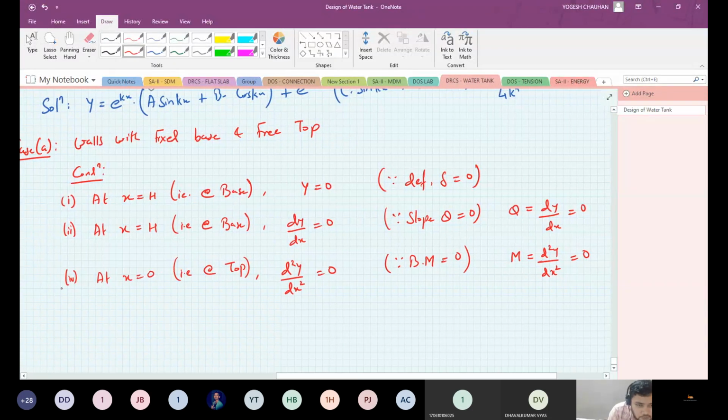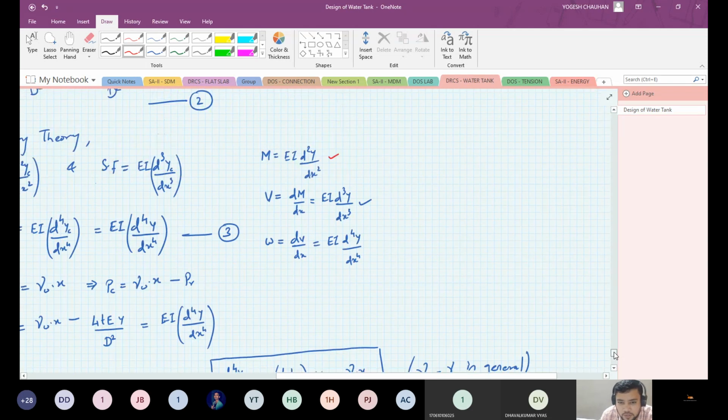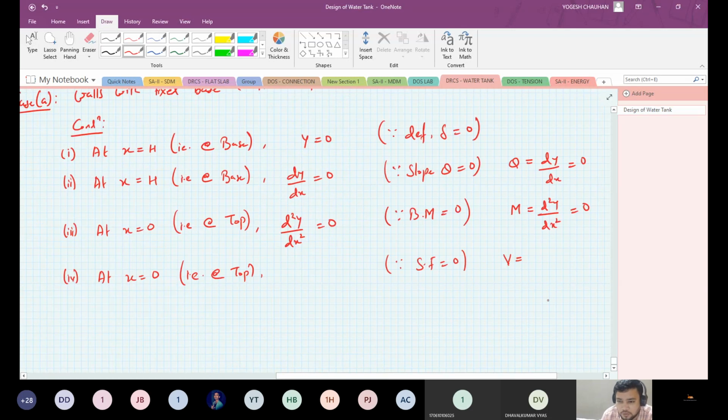Then this was the third condition, and the last, fourth condition at x equals 0, that is again at the top, your shear force is 0. Shear force equal to 0 means, since shear force is the third derivative of the deflection, d cube y by dx cube equal to 0.